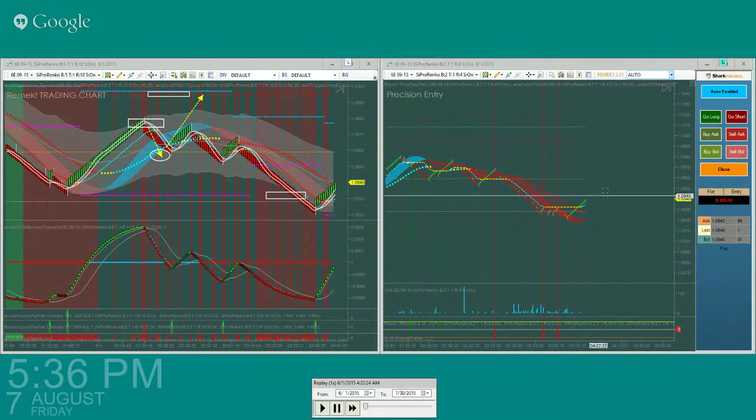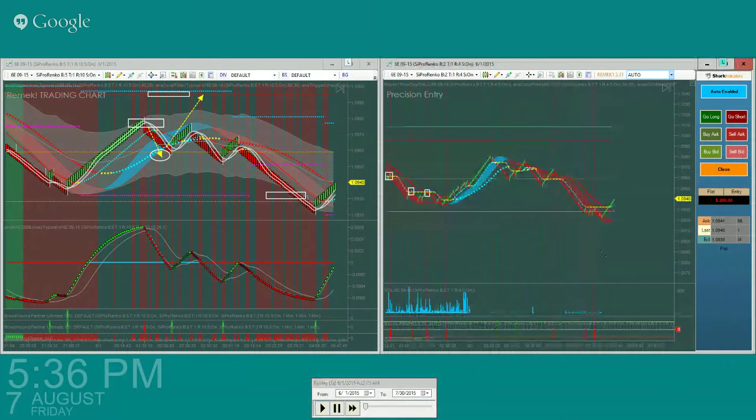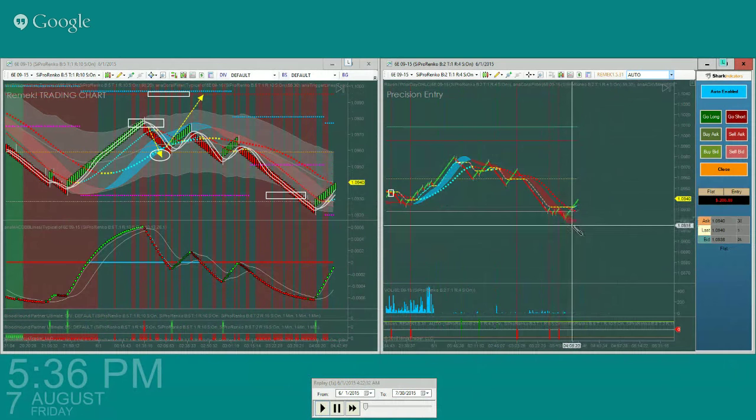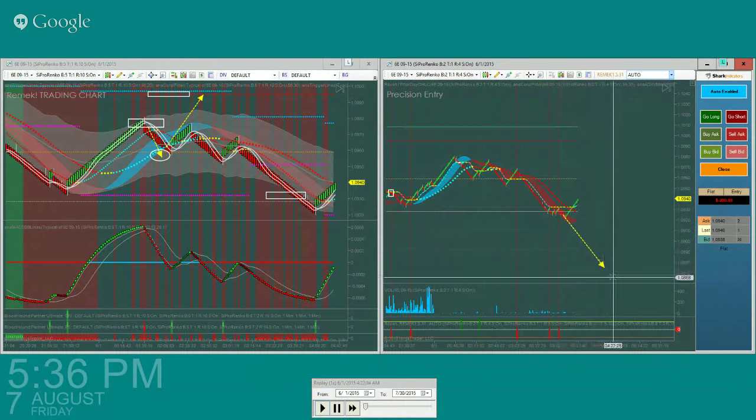We got stopped out. You see, there's a consolidation here. When the ADX is yellow, it was reasonable to expect that this will make another leg down, but sometimes it doesn't. In any case, whatever happens, the system protects you and does not allow you to lose much.